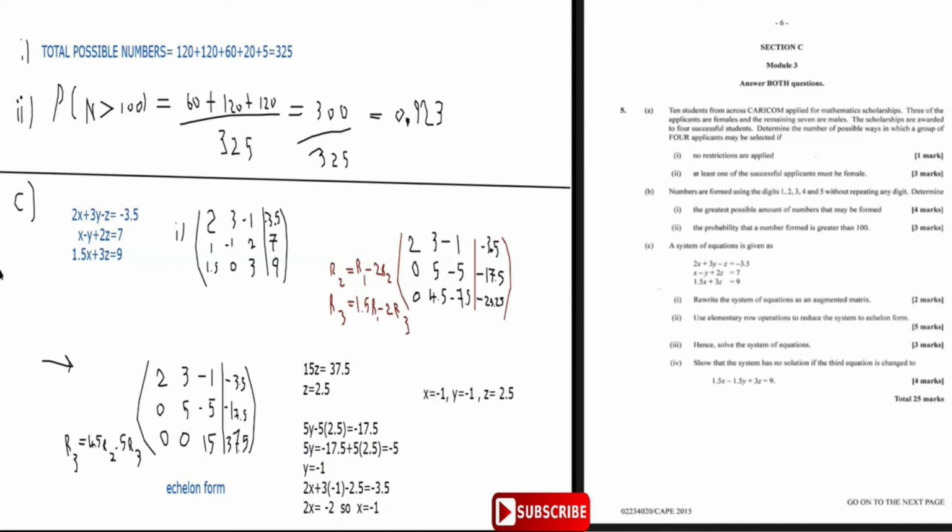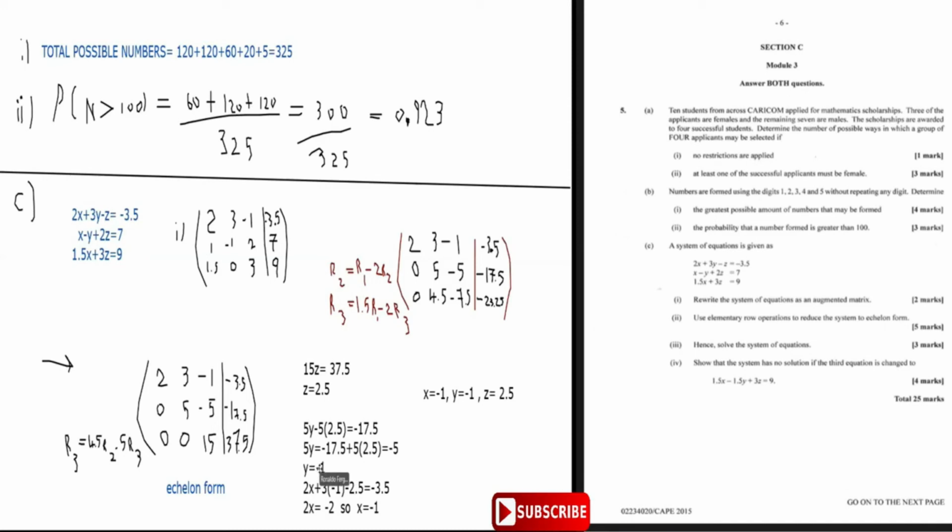1.5 times minus 1 plus 3z. What is going on? Why don't these add up? So clearly we made some error. Let's check again. This z is 2.5, that's good. Transposing, we bring it over, it becomes plus, then divide through by 5. Minus 17.5 plus 5 times 2.5 is minus 5.